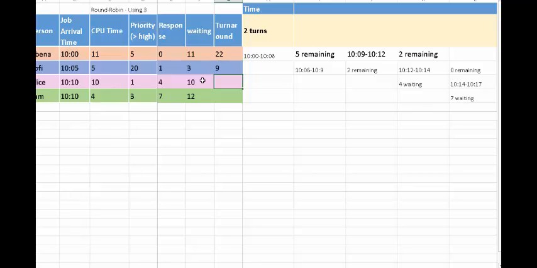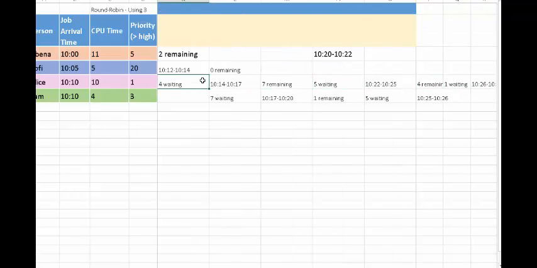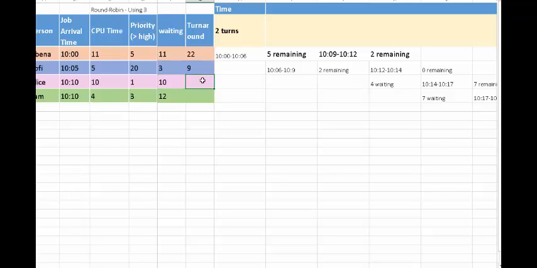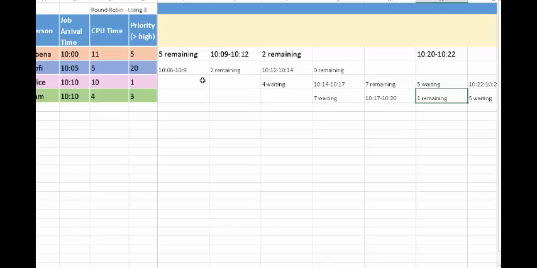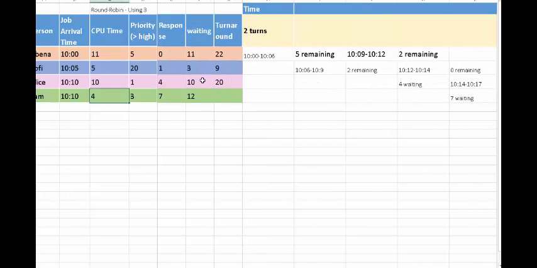Alice came in at 10:10, ended at 10:30, that's 20. And Sam came in at 10:10, ended at 10:26, that's 16. Right. So these are the various waiting times.